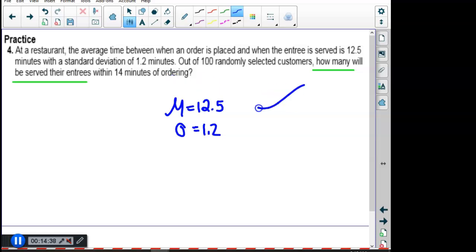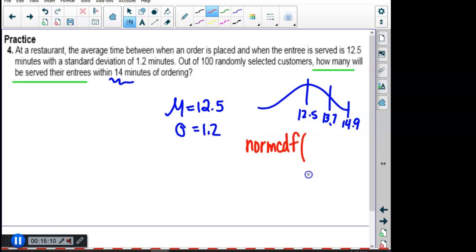Now, if I started to do this, 12.5, and add 1.2, and add 1.2 again, would I hit 14 minutes? Does it come out nicely on 14 minutes, one of our standard deviations? No. So that's how, in theory, you're supposed to know to use the norm CDF, I would tell you on a quiz.